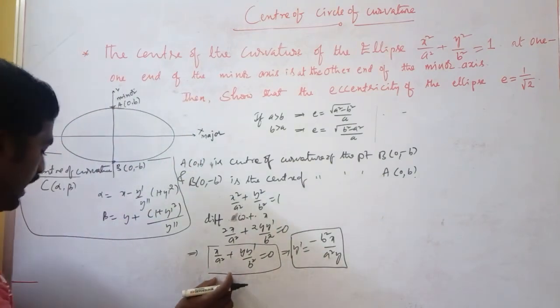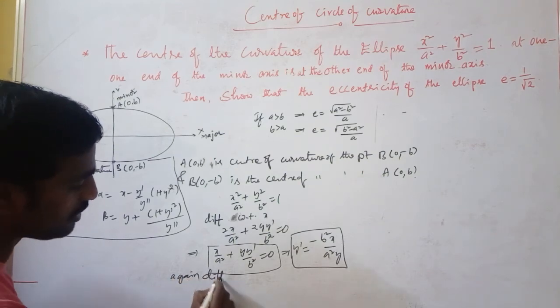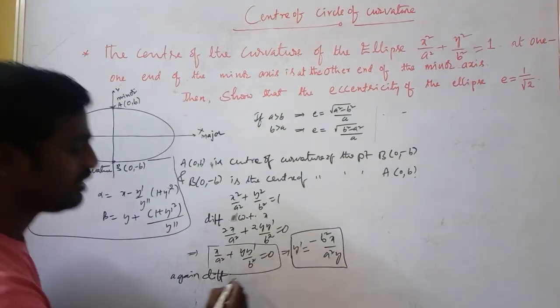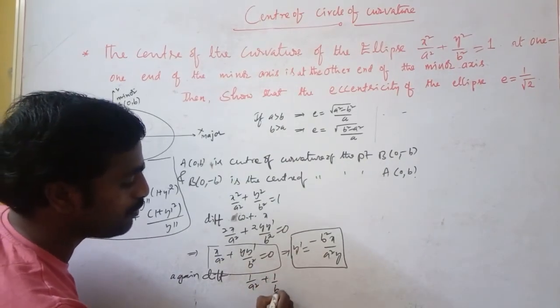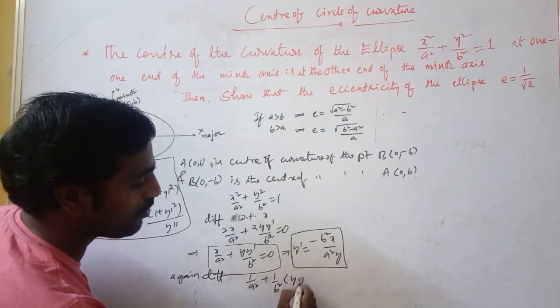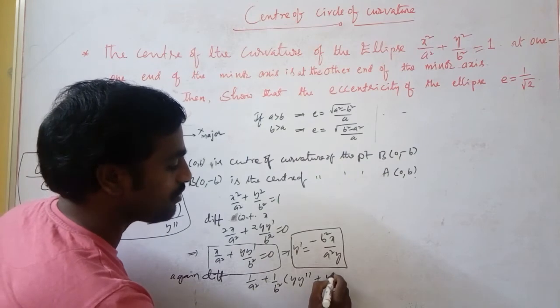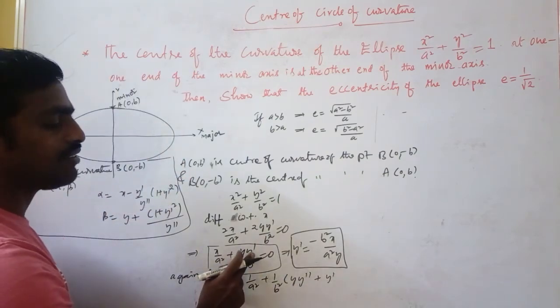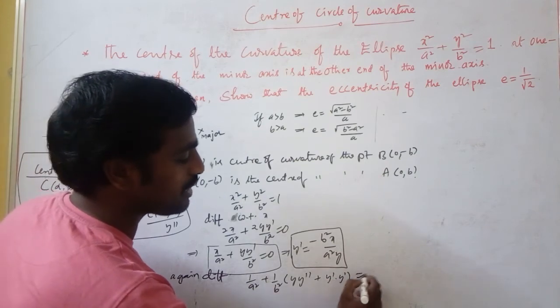Now differentiate this equation again. After differentiation, you get 1 by a square plus 1 by b square into (y times the derivative of y dash, plus y dash squared), which is equal to 0.